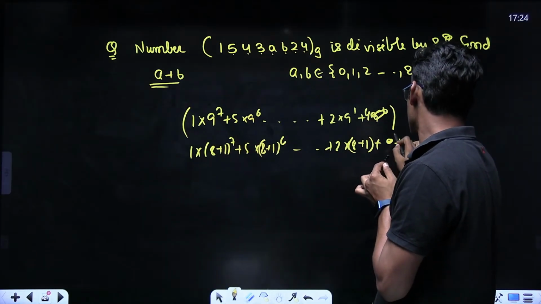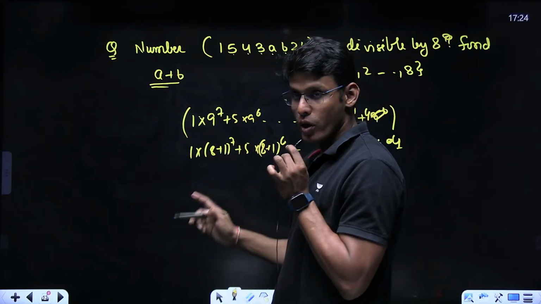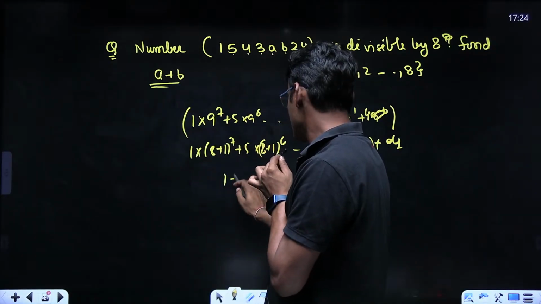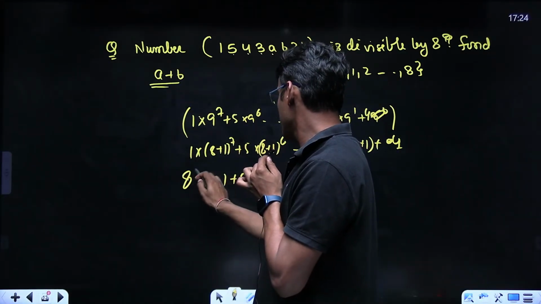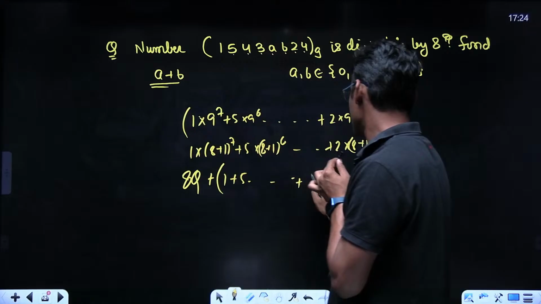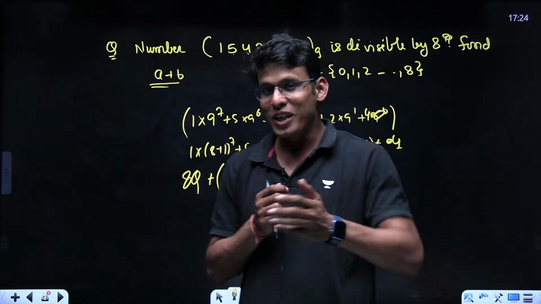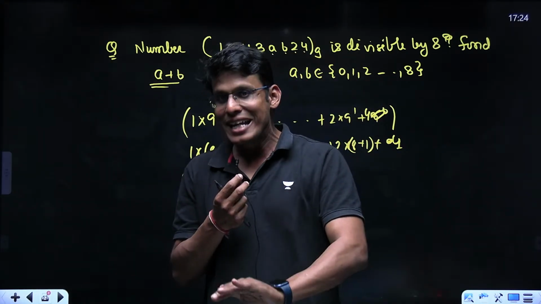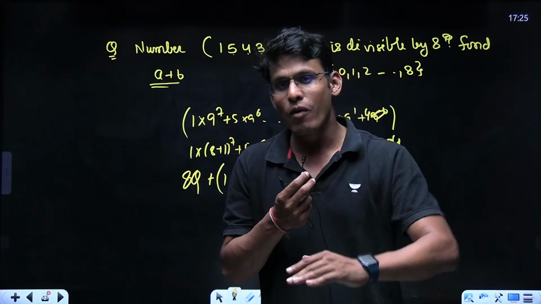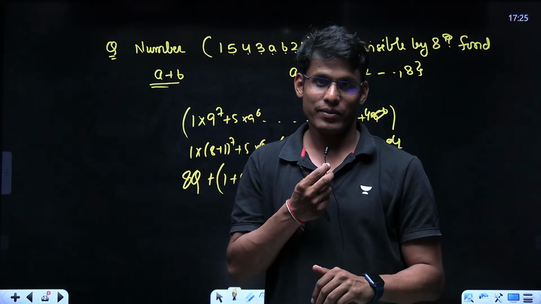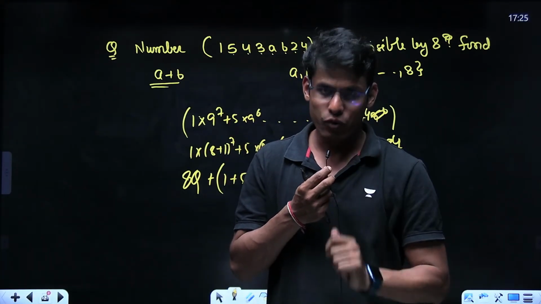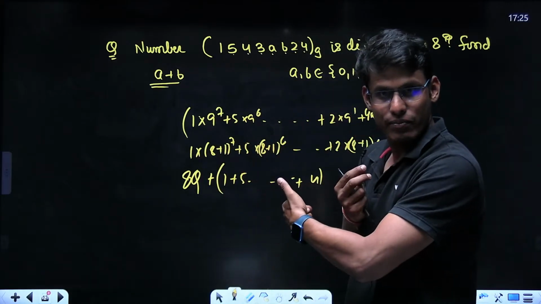So if I take mod 8, you can see it is a multiple of 8 plus the sum of digits. What is the divisibility rule of 9 in base 10? The sum of digits should be divisible by 9. How do we get it? Through the proof.